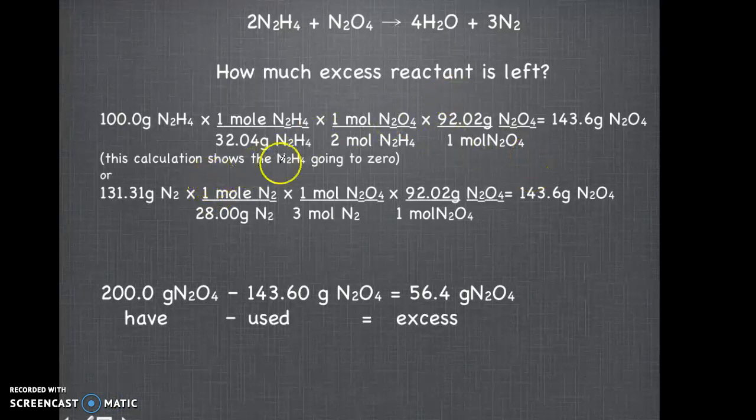So we have 200 grams of N2O4 that was actually given to us to start off with. This is all we need though. So if you subtract this out right here, you're going to figure out how much of the N2O4, the excess, we have left over. Again, the 200 grams, we subtract out the amount that we needed for the N2O4, and by subtracting it at the very end, we get 56.4 grams of N2O4.